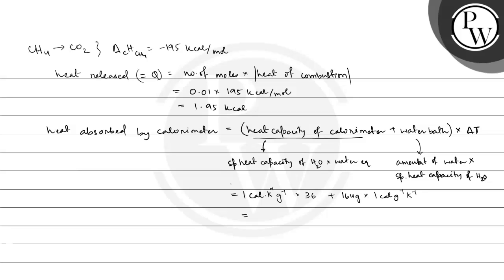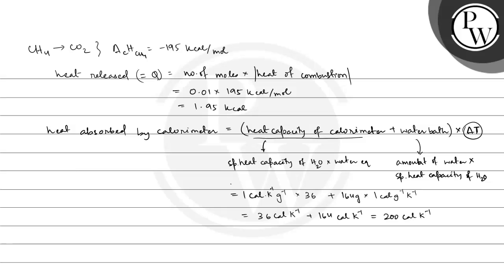So the net value is 36 calorie Kelvin inverse plus 164 calorie Kelvin inverse, and this is equal to 200 calorie Kelvin inverse, and this is the heat capacity of the calorimeter, and with this we have to multiply delta T.